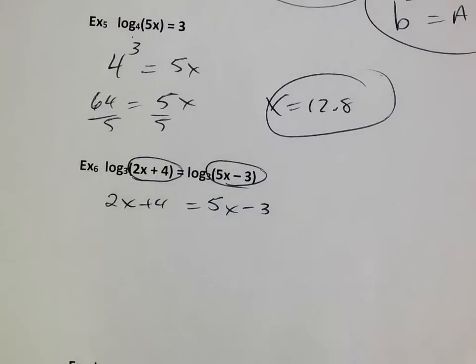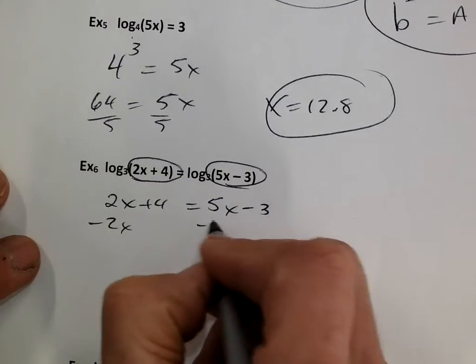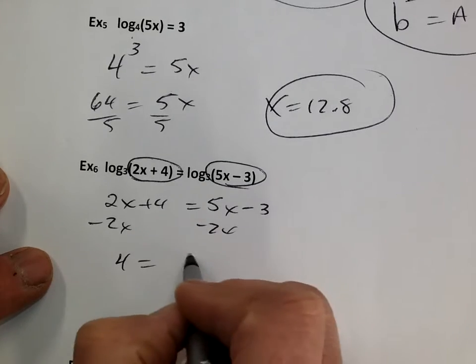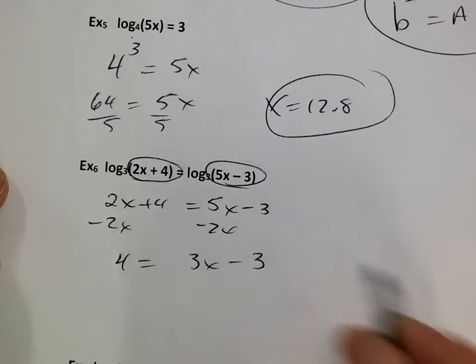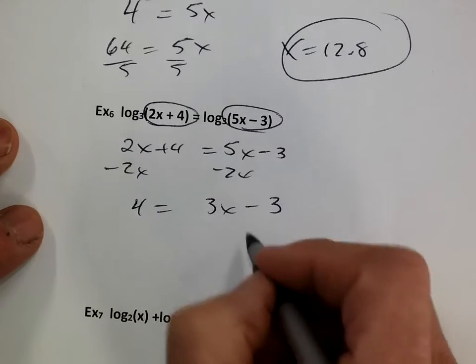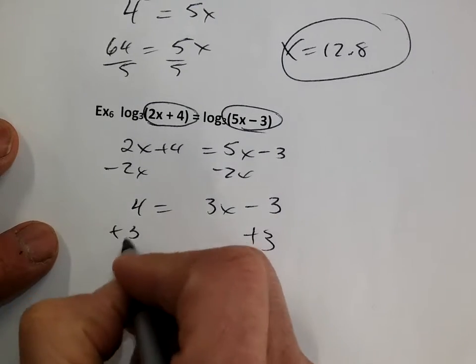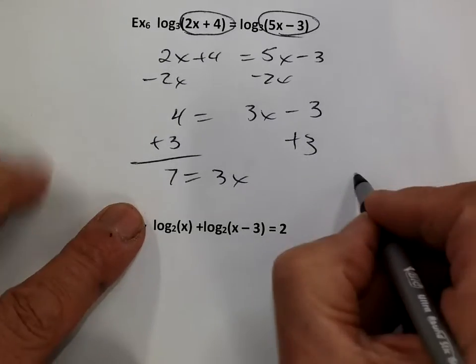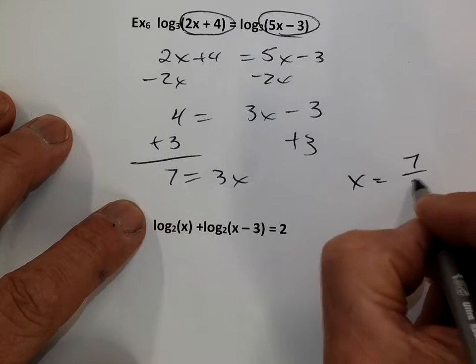And then that's easy, right? Minus 2x, minus 2x. And then I get 4 equals 3x minus 3. Let's see, we're going to go plus 3, plus 3. I get 7 equals 3x, right? Divide by 3, and I get x equals 7/3, okay?